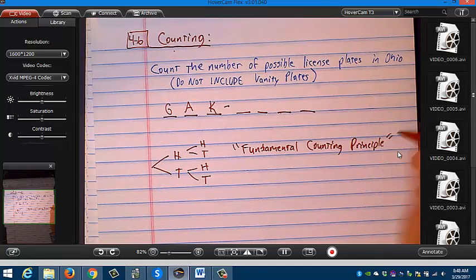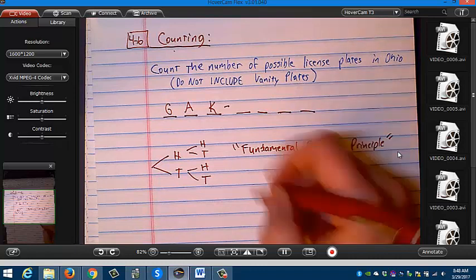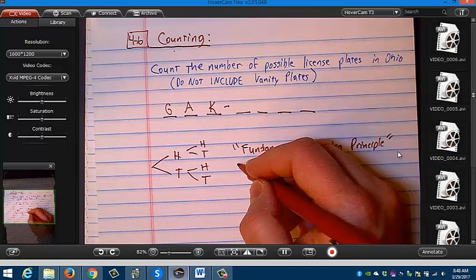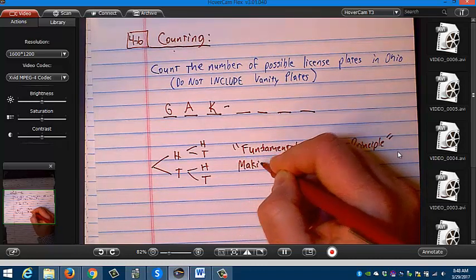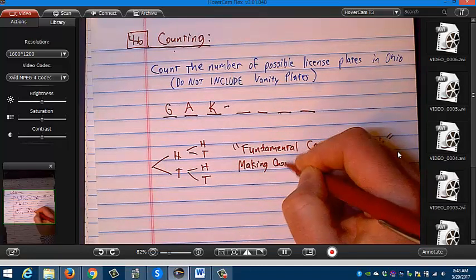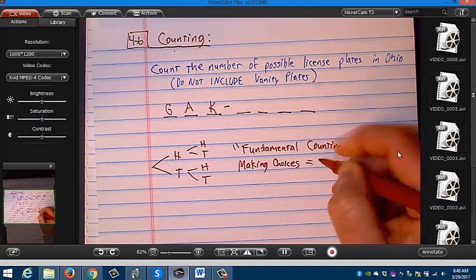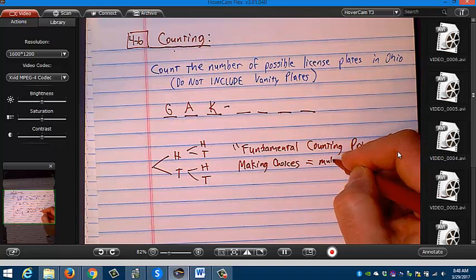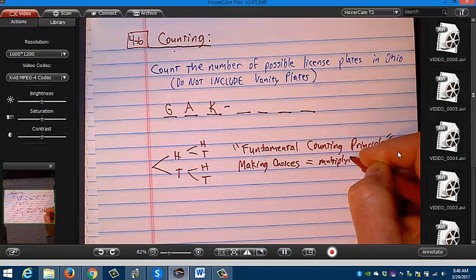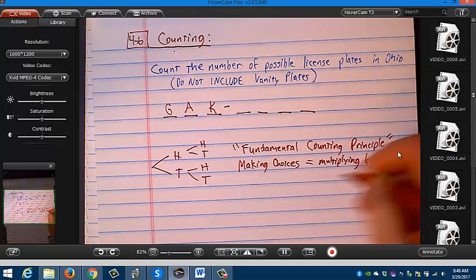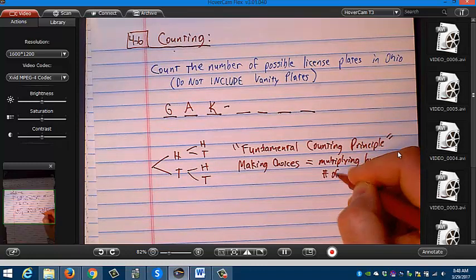A brief way to state it is that making choices is equivalent to multiplying by the number of possibilities.